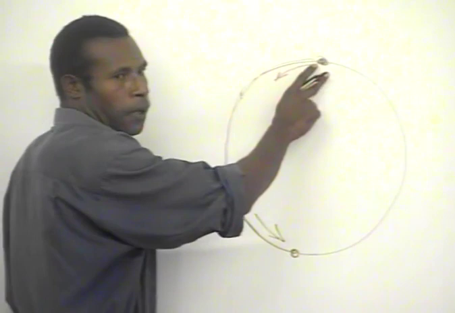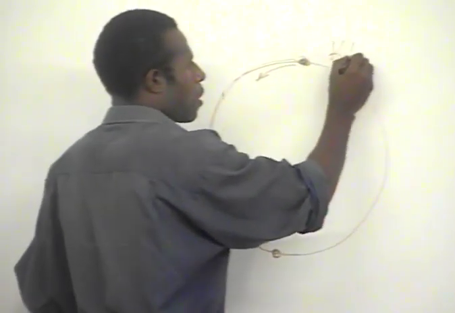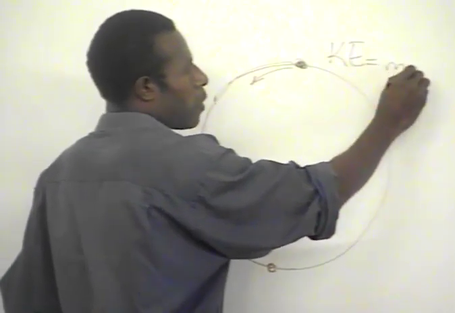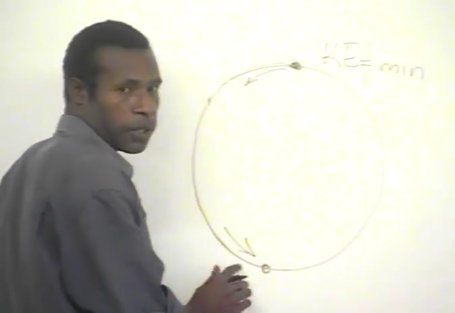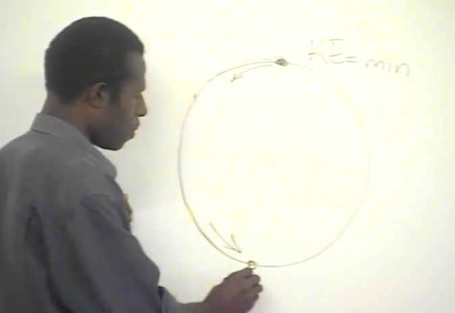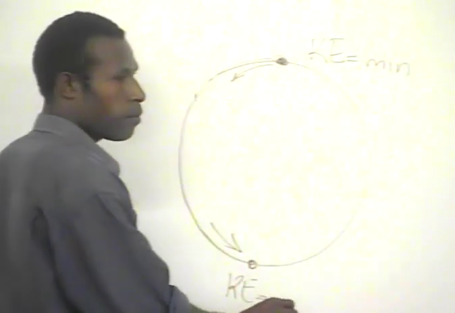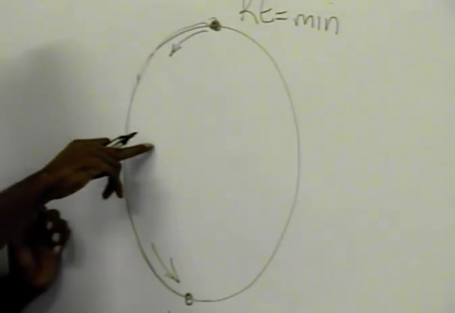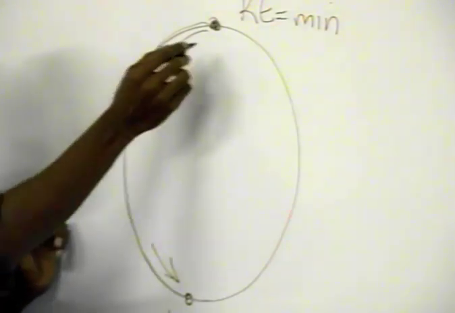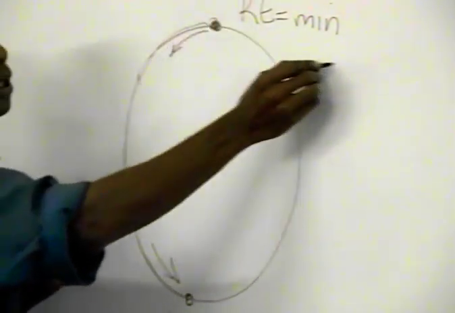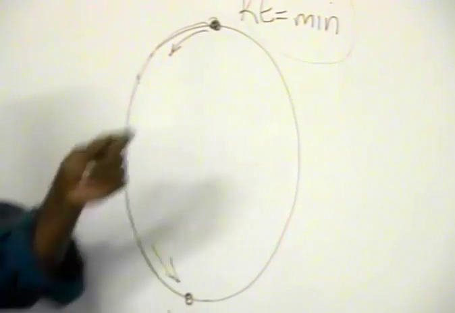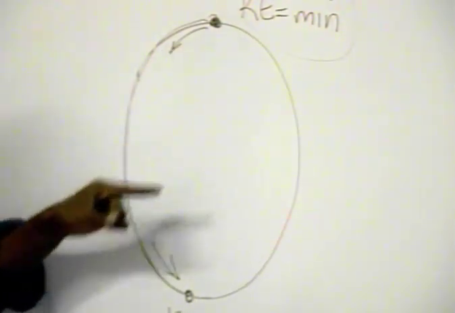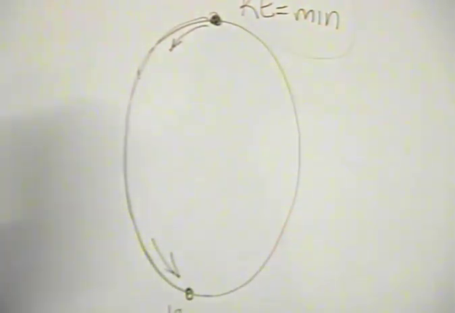Right at this point, the kinetic energy will be minimum, and at the bottom it will be maximum, because at the top it is almost like the object is at rest. So the velocity at the highest point would be minimum, and when it is down here, it will be maximum.